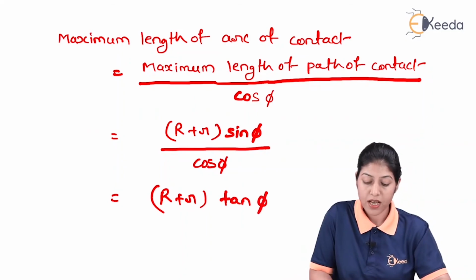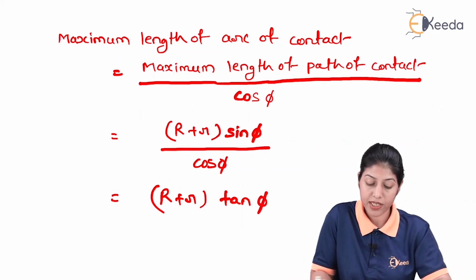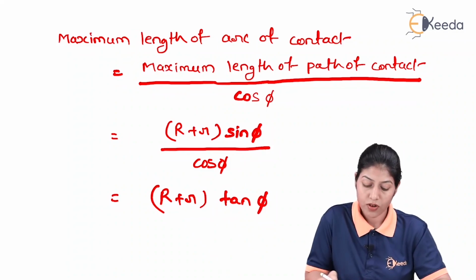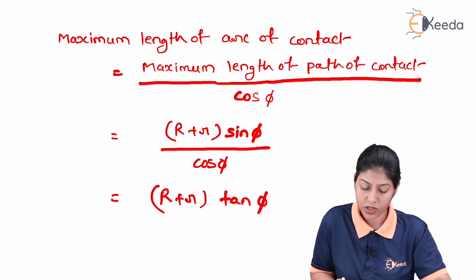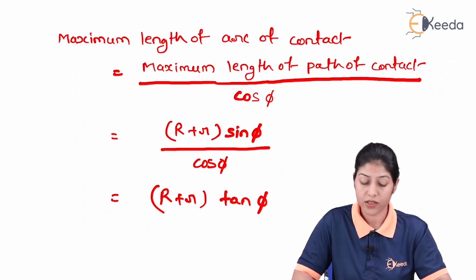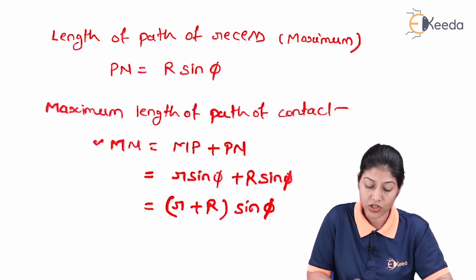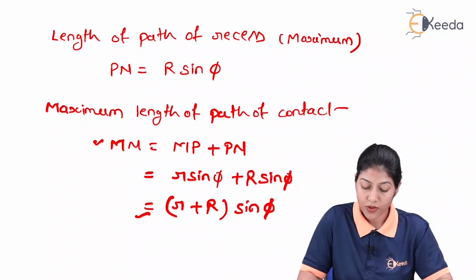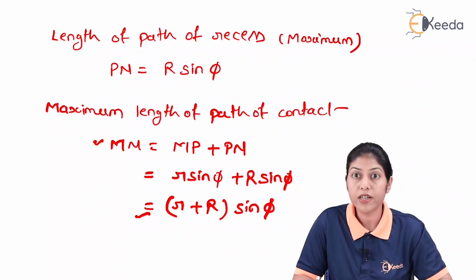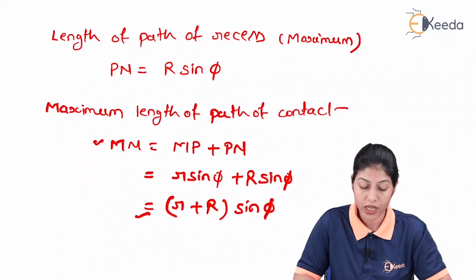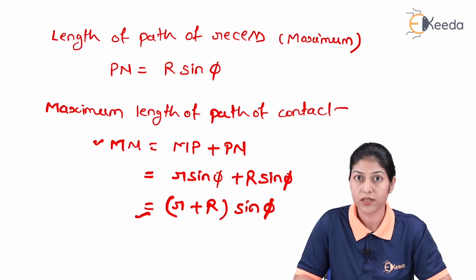So (r plus R) sine phi by cos phi represents the maximum length of arc of contact, or we can write it in an easier manner: (r plus R) tan phi. So this represents the maximum length of arc of contact. If we apply different conditions, we can change this particular value of MN in terms of other terms. So this is all about the interference of involute gears. Thank you so much.